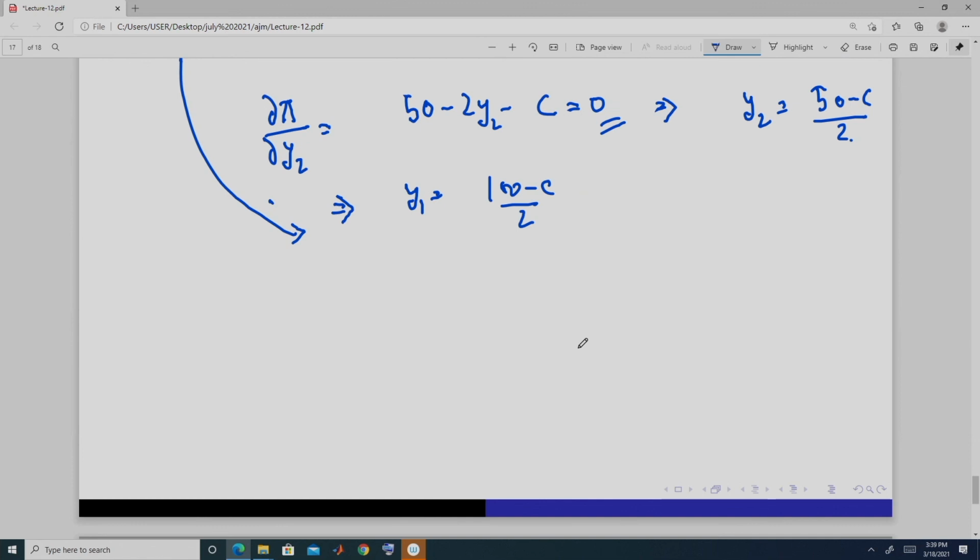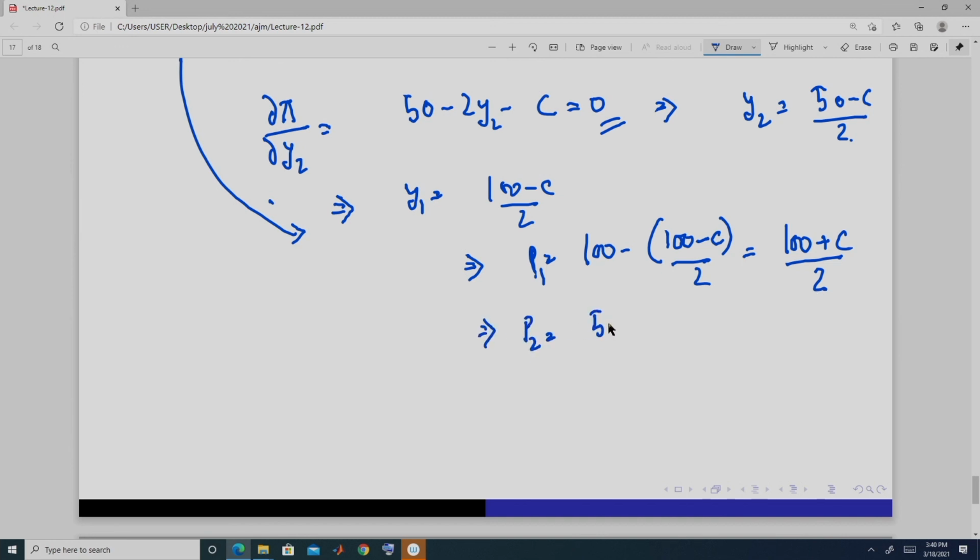Then what we are going to do, so monopolist price is going to be equal to 100 plus c divided by 2 in market 1, and in market 2, it is going to be this.